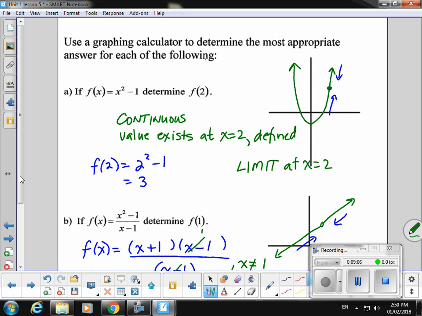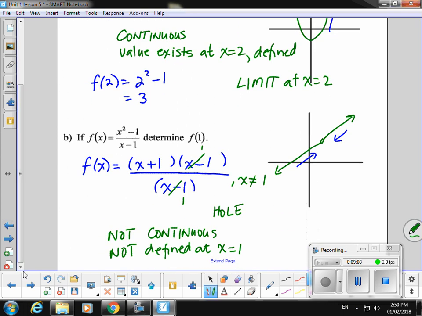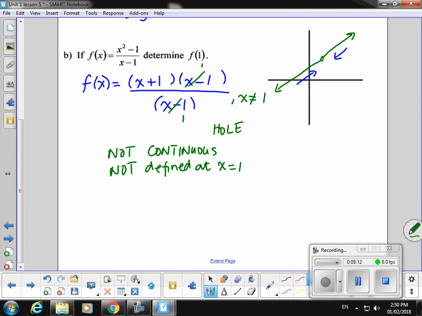The second one was not continuous and not defined at x equals 1, but it did have a limit. As you approach from the right and from the left, it does approach a value of 2. Limit approaches 2.